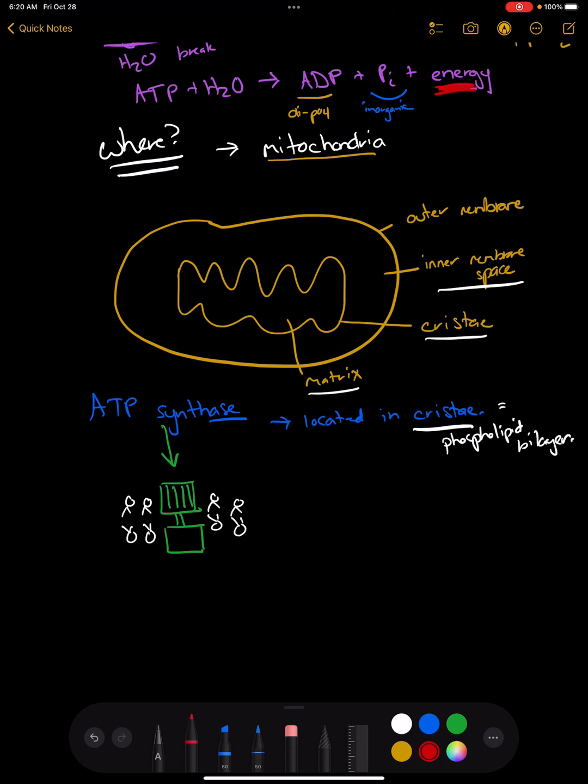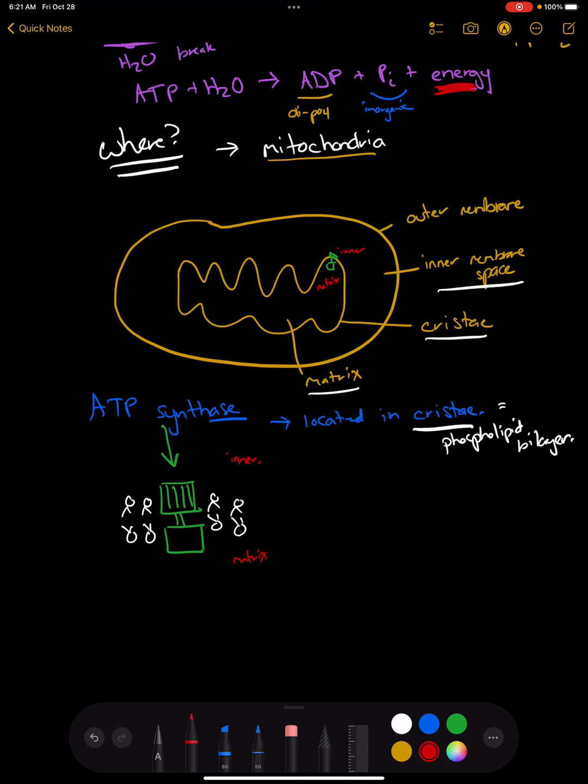All right, so this side is my inner membrane space, and this side over here is my matrix. So if I wanted to draw him over here, here's the box with the lines, and then here's my empty box. You see how this part faces the inner membrane space, and this part faces the matrix.